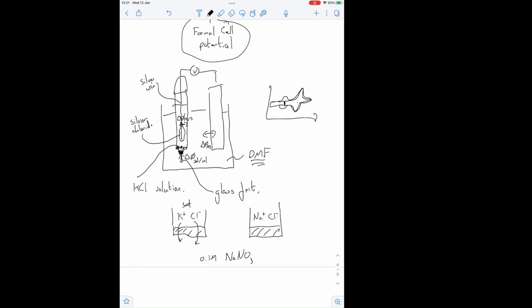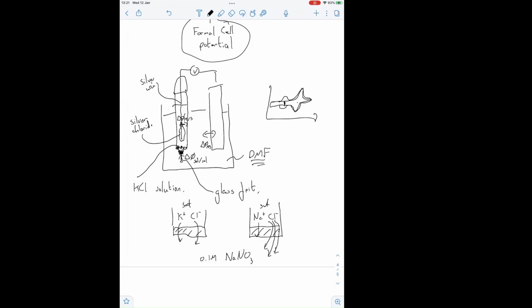So I take sodium chloride. What happens if I do sodium chloride here? Well, actually, there's a concentration gradient. This is saturated. So both will come out, but the sodium will come out slower than the chloride ion. So I'll get a lot more chloride ions coming out than sodium ions.